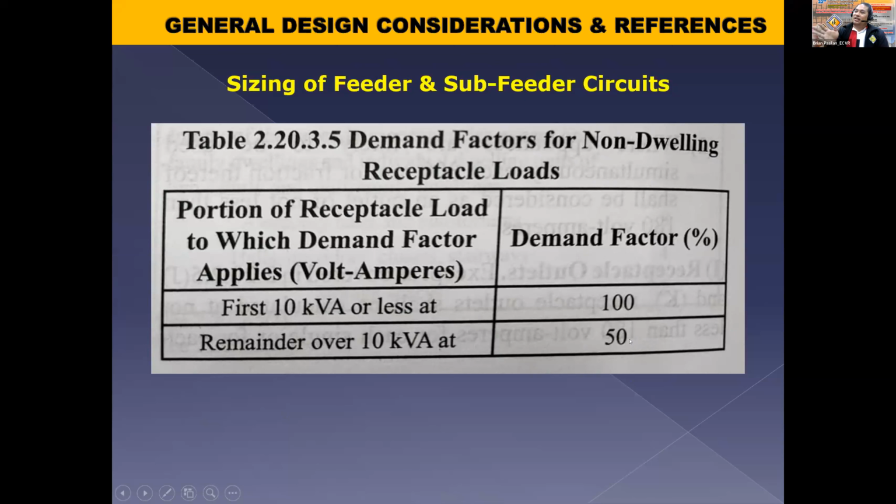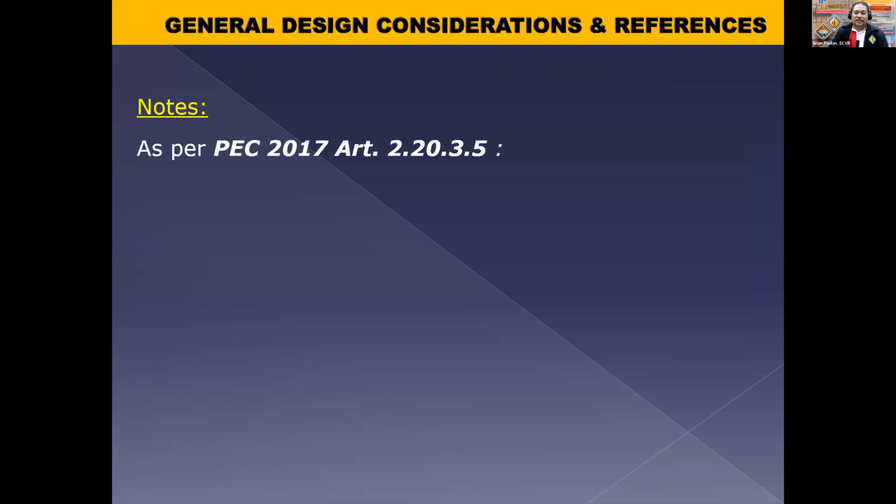For dwelling units, pwede kasi nating isabay si outlets, yung ordinary outlets natin, doon sa demand factor calculation doon sa lighting. Yun yung sa mga dwelling units natin. Pwede nating isabay siya doon. But for non-dwelling, ito yung gamitin natin.